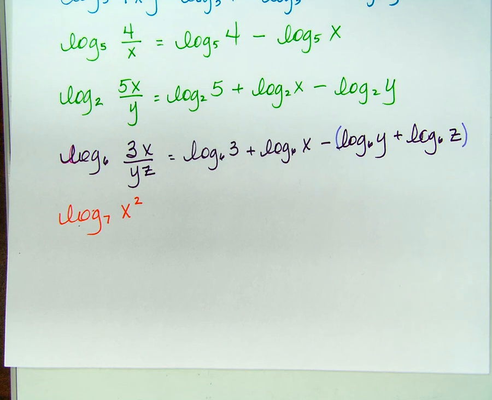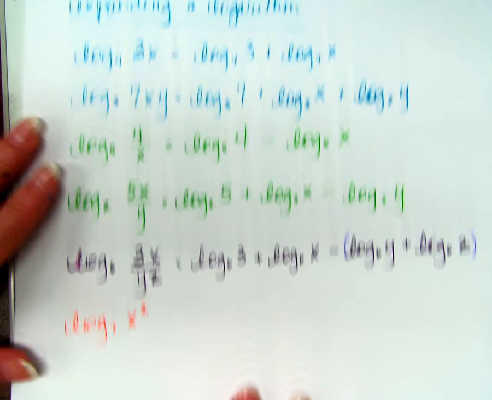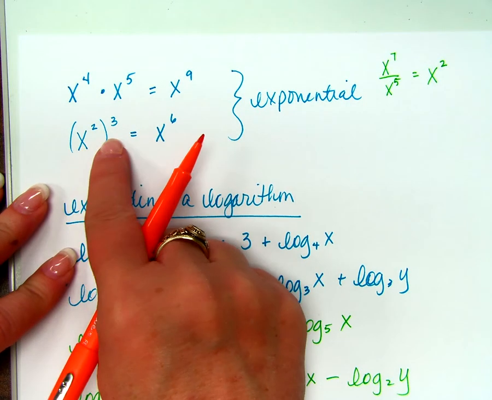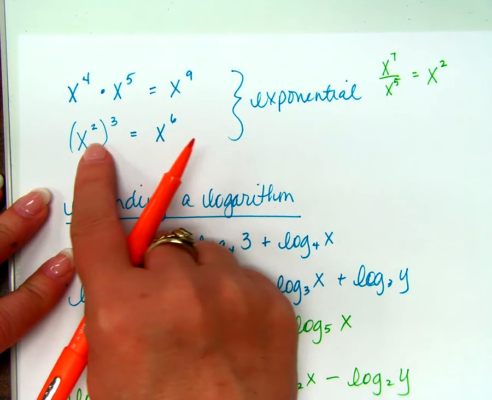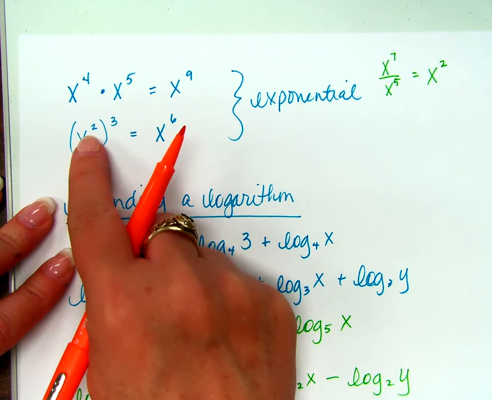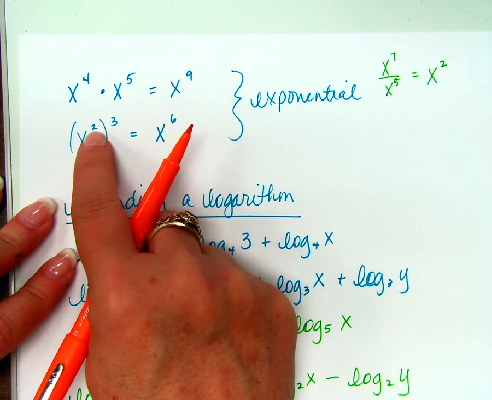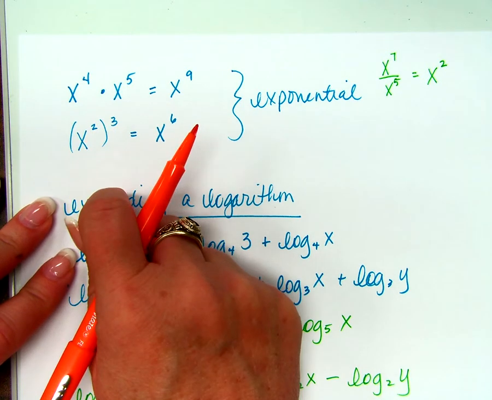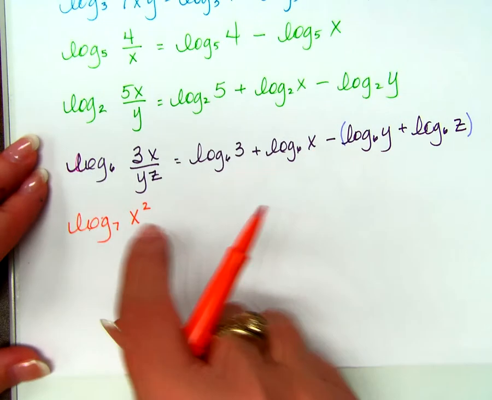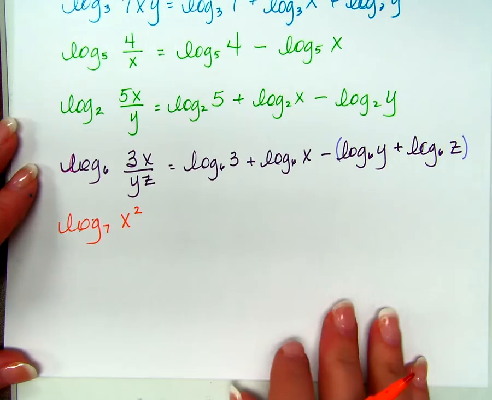How many terms are there? Just the one, right? So it looks like it should just be exactly what it is itself. But I want you to remember this exponential rule that we talked about a minute ago. When I have a power being raised to a power, what do I do with those two numbers? I multiply them. Okay? What is different about this than anything we've done already?